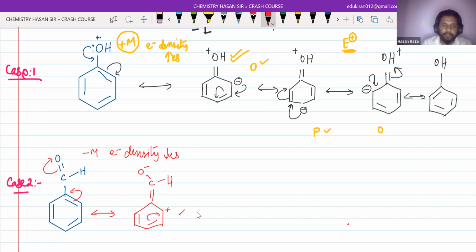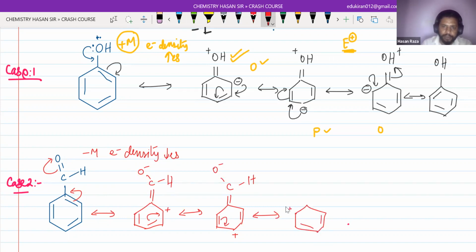Now you are going to move this, and the positive charge will be here, and double bond here, double bond here, double bond CO negative. Now this will move to this. Now you can see the double bond will move to this.